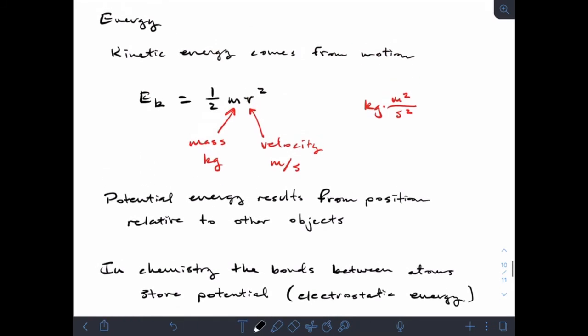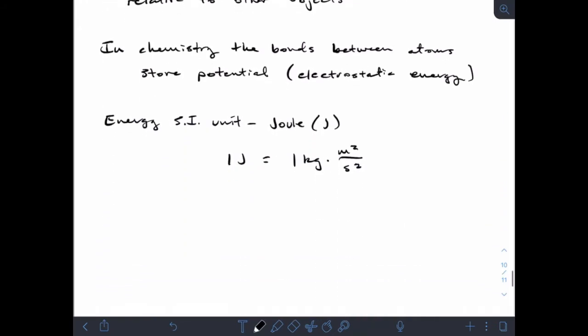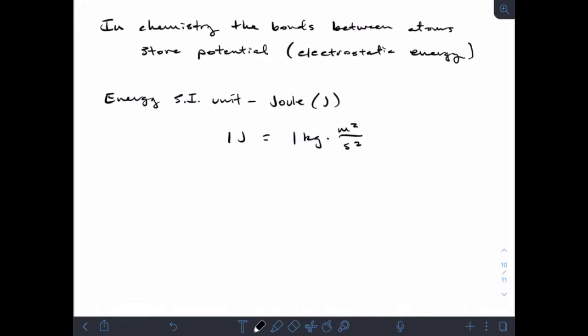Now take a look. Isn't that what we had for our units of kinetic energy? Okay, so when we do calculations to find kinetic energy, it's important to be aware of units.